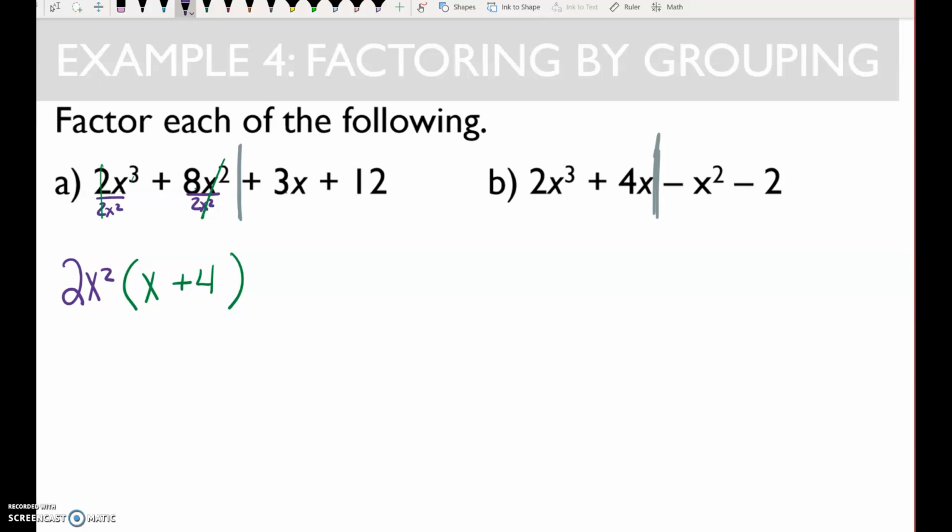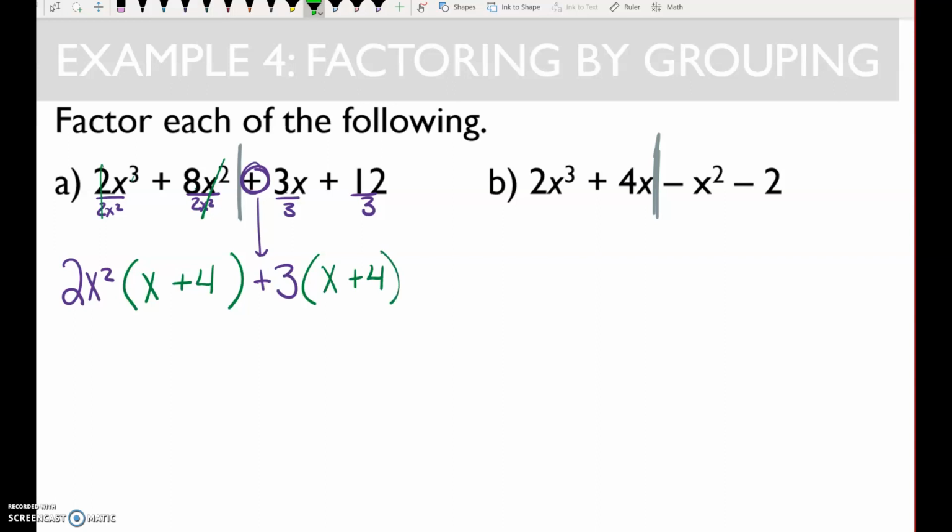Second group, 3x plus 12. They don't have any x's in common, but they do have 3 in common. So whatever symbol is here, we're going to drop that down and use that symbol. Plus 3, so I'm going to divide both of these by 3. 3x divided by 3 is just x. 12 divided by 3 is 4.